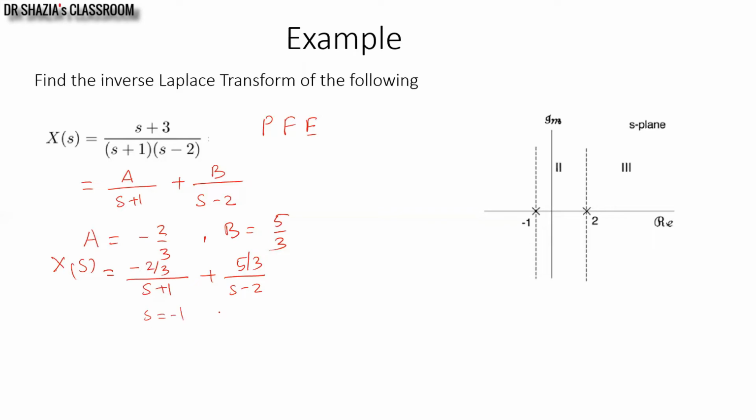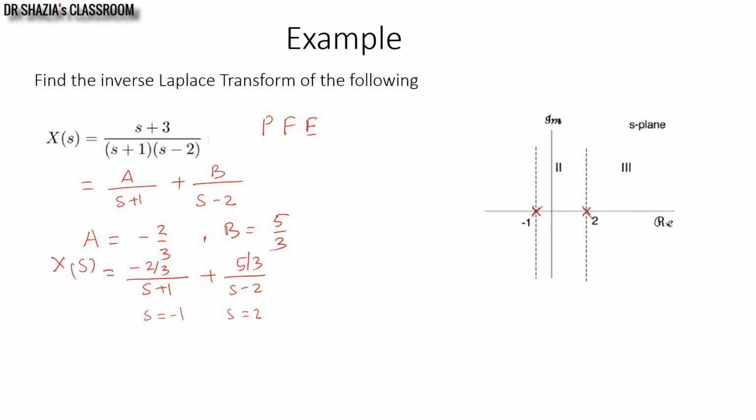One of the poles is at minus 1, another pole is at 2. As I have shown in the diagram, I have plotted the poles. One pole is at minus 1, the other pole is at 2. So these two poles are there for x of s.